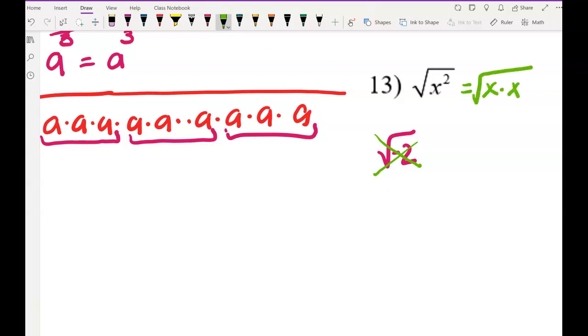In this case, we could have a positive x times a positive x to make a square, and then our answer has to be x. So whatever comes out has to be positive. But think about this, guys. On the inside, we have a square, but doesn't that also mean this gives us a power of x to the 2nd power?